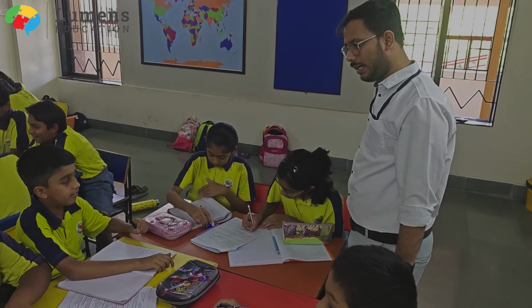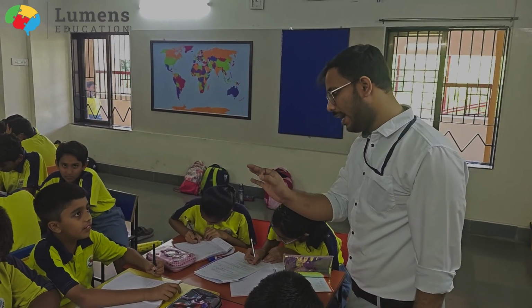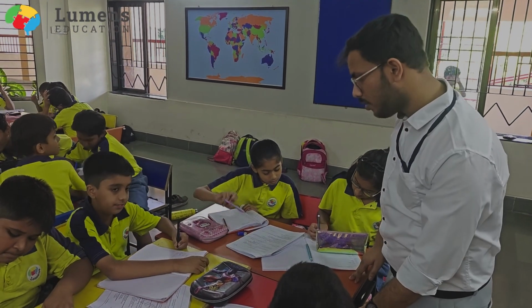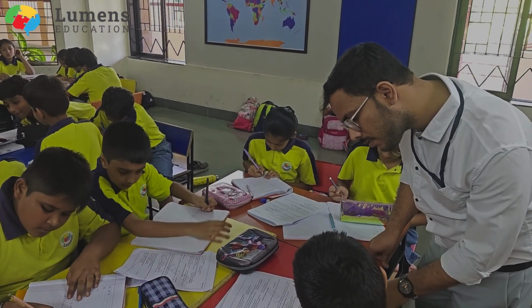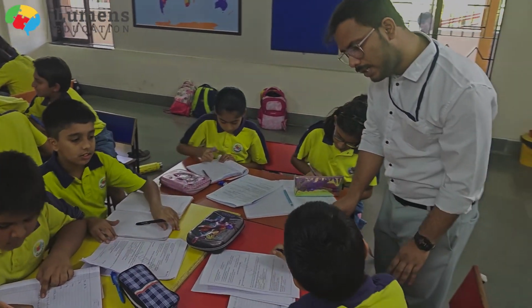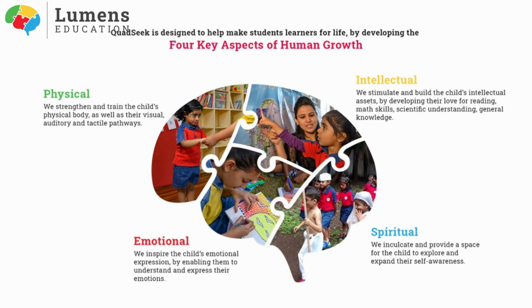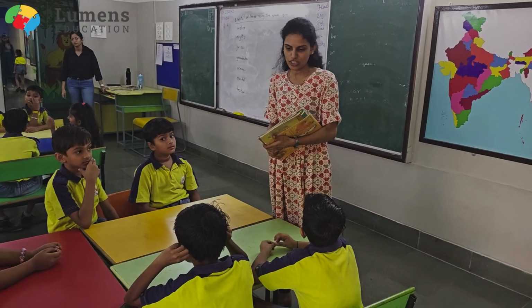As per many philosophers and spiritual leaders, there is a mix of 4 aspects of personality in each human being. The different mix of these 4 aspects, physical, intellectual, emotional, and spiritual, makes each one unique.